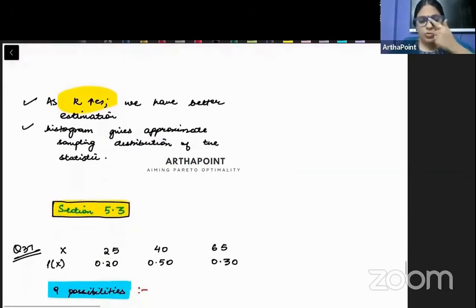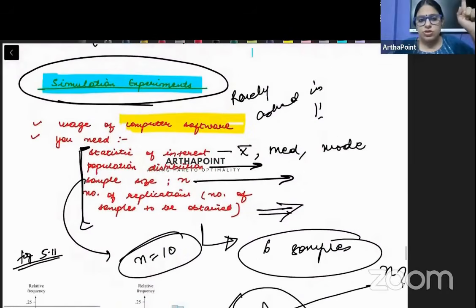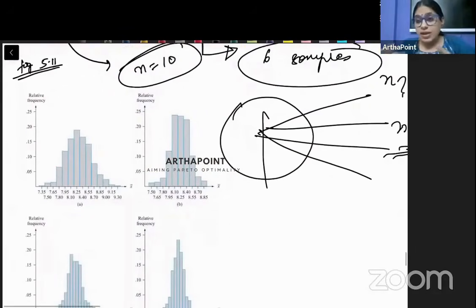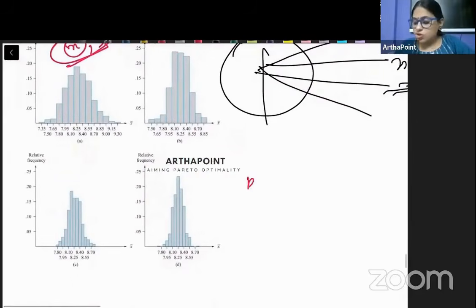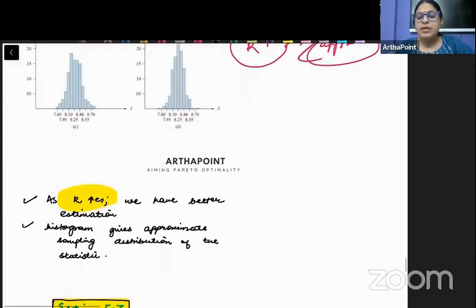All you need to remember is that for simulation, we need this information, which means we need to know the statistic of interest, the population distribution, the sample size and the number of samples. On that basis we can generate different numbers of samples and sample sizes. And as we increase the number of samples we generate, it will become a better approximation. Our model will become a better model.